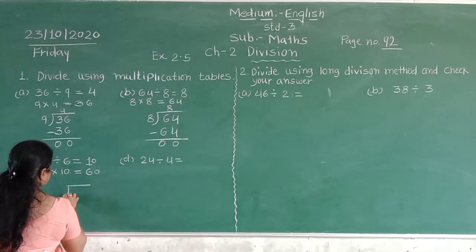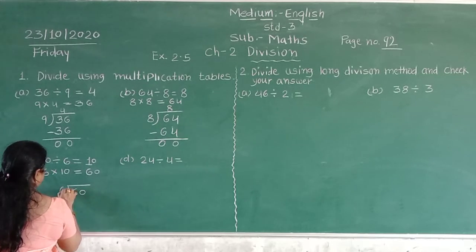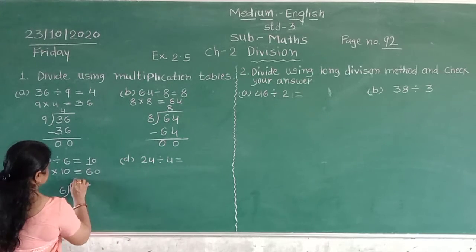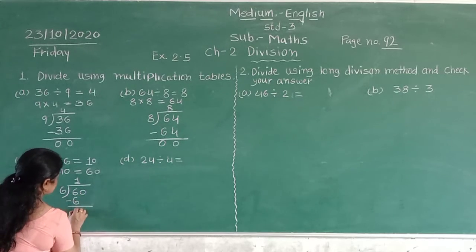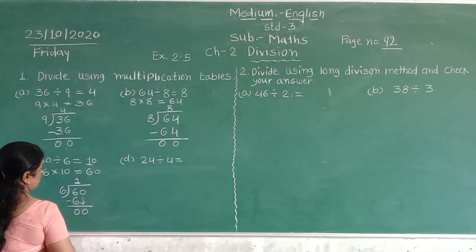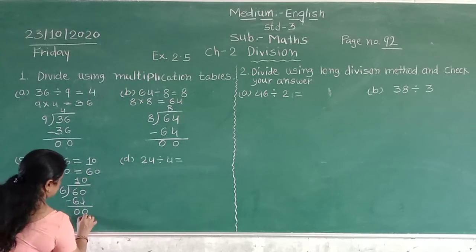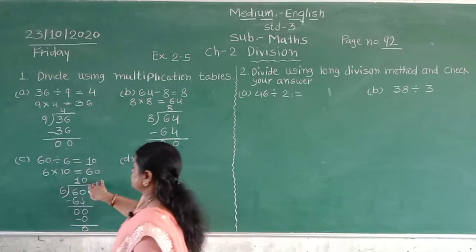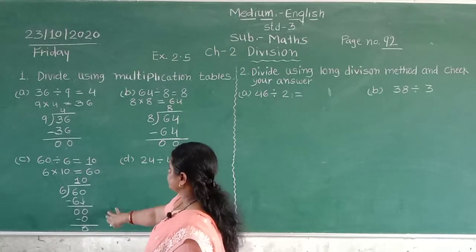Now after that the division method, 60 divided by 6. So 6 ones are 6. Now 6 minus 6, 0. Bring down 0. We cannot divide it by 0, so we put down 0 here and 0. 6 tens are 60. We do both methods, multiplication and division also.